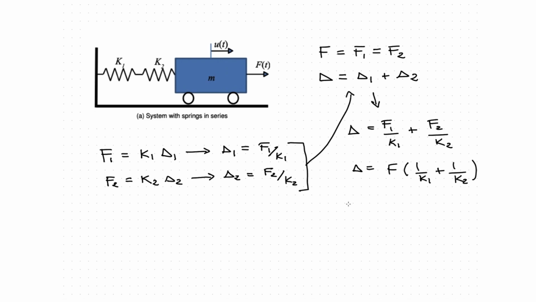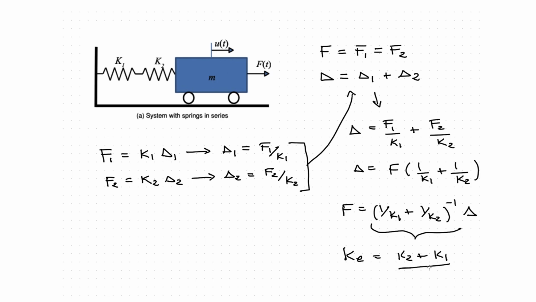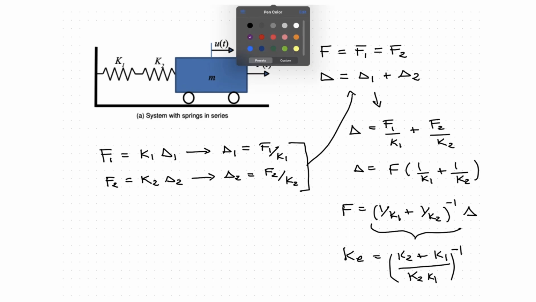Then rearranging for F, we have the inverse of 1 over K1 plus 1 over K2 times delta. And hence, springs 1 and 2 can be substituted by an equivalent spring whose stiffness is the inverse of the sum of the inverse of the stiffnesses of each individual spring, or what is the same, K1 times K2 over K1 plus K2.